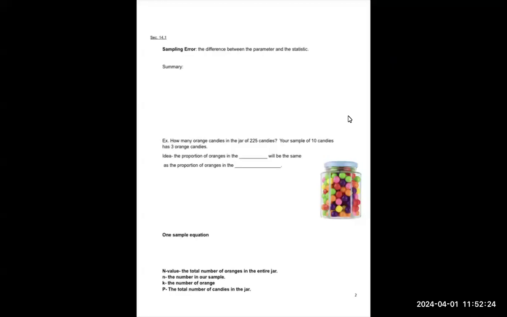And the difference between those two is 64 minus 60. So that's your sampling error. That's because I used a sample to estimate the actual number. So our sampling error would be 4 there. Okay.